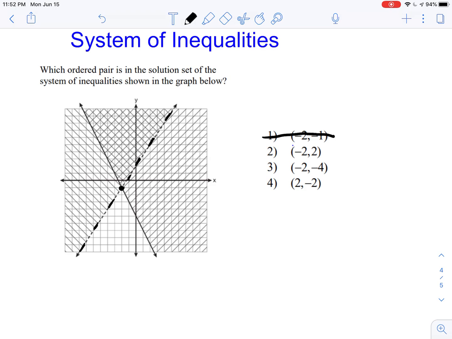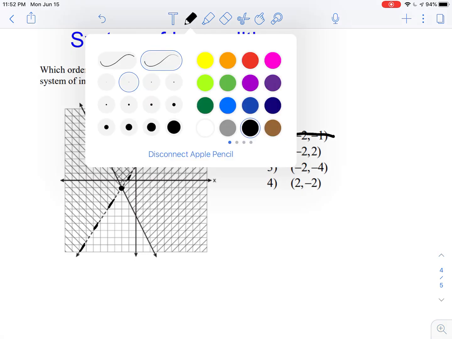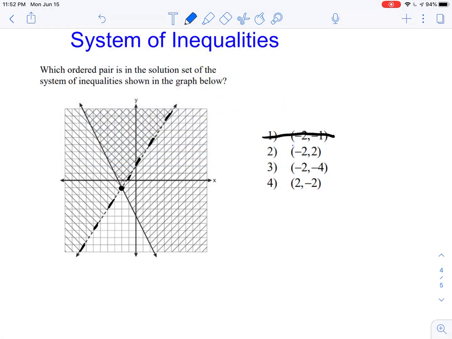So the choice number 1 is not a solution set. So what about negative 2, 2 up here? Is that clearly in the solution area? And the answer is yes, right? So it is in that overlapping area where both shaded regions are. So it's looking like negative 2, comma 2 is going to be our answer.